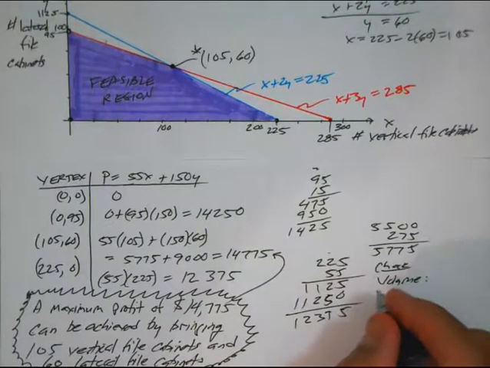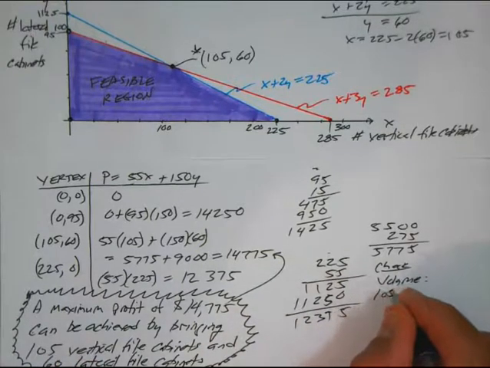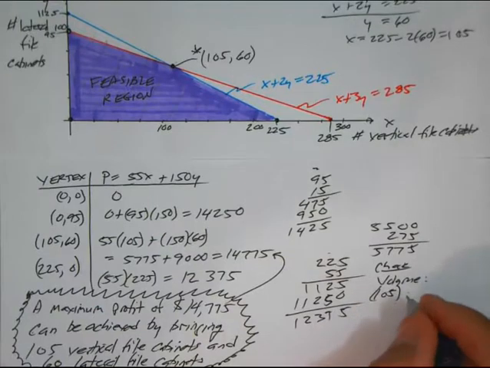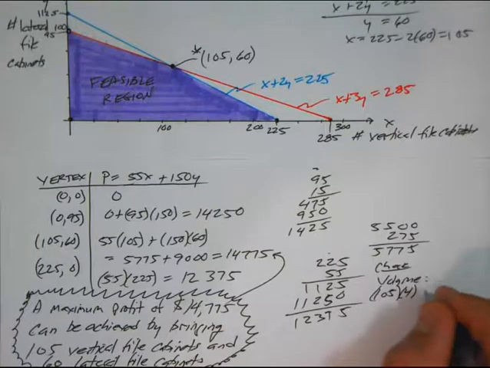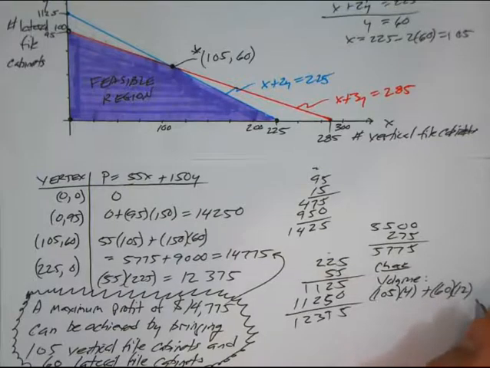Just kind of redoing it. The volume. So we have 105 vertical cabinets. That's 105 times each vertical file cabinet had a volume of 4 cubic feet. And then plus, we got 60 of these lateral cabinets. Each has a volume of 12 cubic feet.